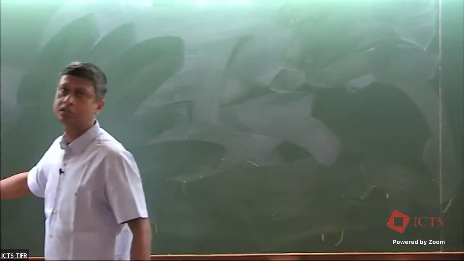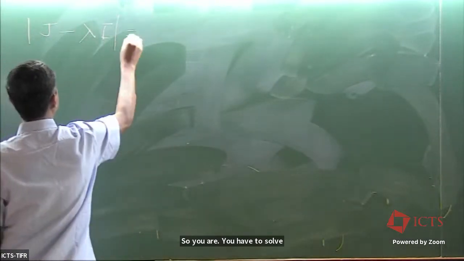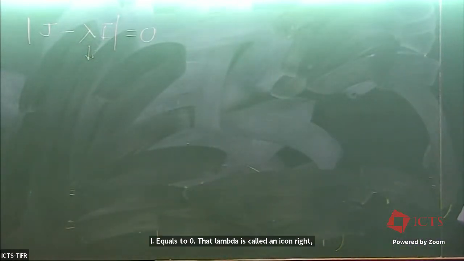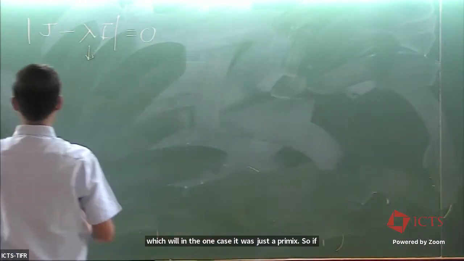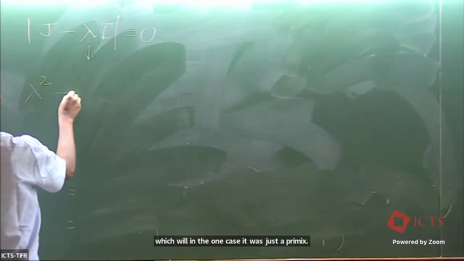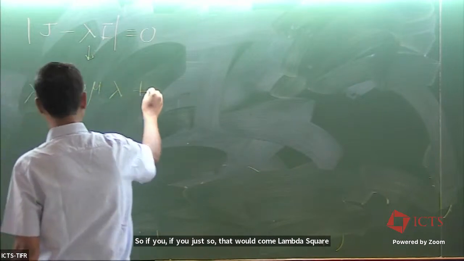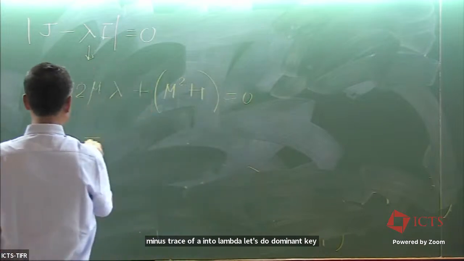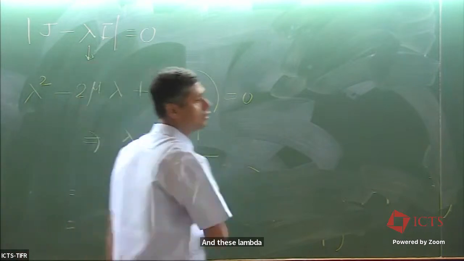Then one can calculate the eigenvalues of this square matrix. So you have to solve det(J minus lambda I) equals 0. That lambda is called an eigenvalue, right? In the 1D case, it was just f prime of x. So that would come as lambda squared minus trace of A times lambda plus determinant of A, and this lambda will come out as mu plus or minus i.